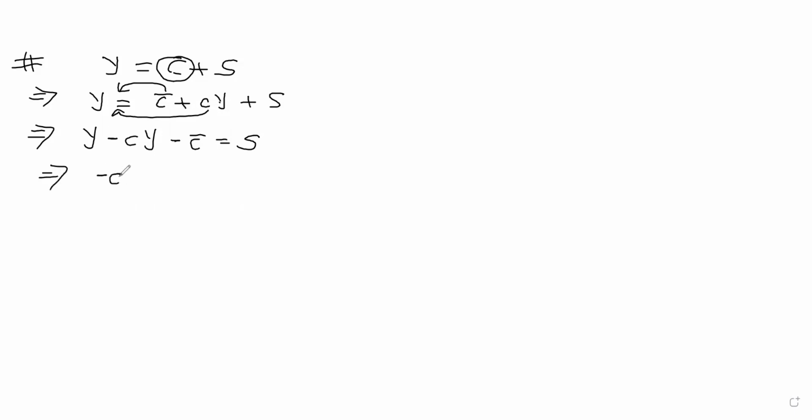Which implies minus c bar plus, within this, I can take y common. So it leaves me with (1 minus c) times y is equal to s.